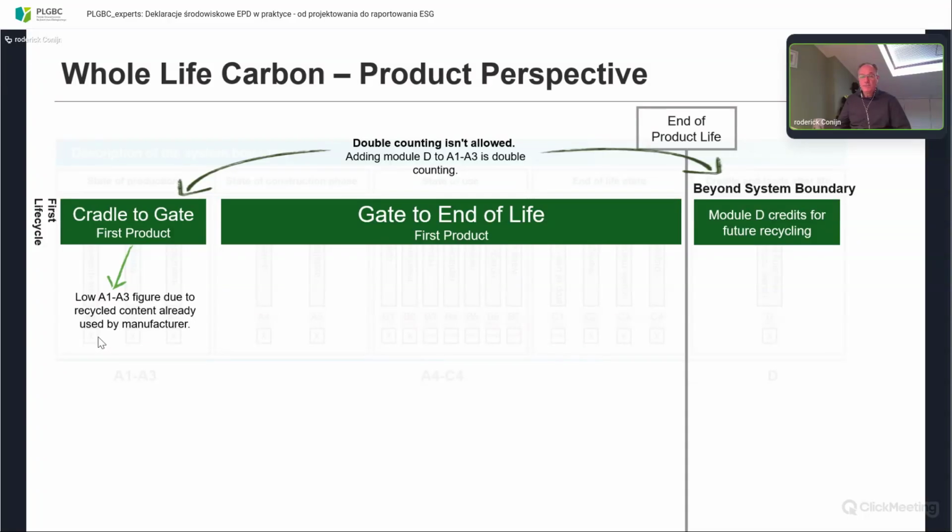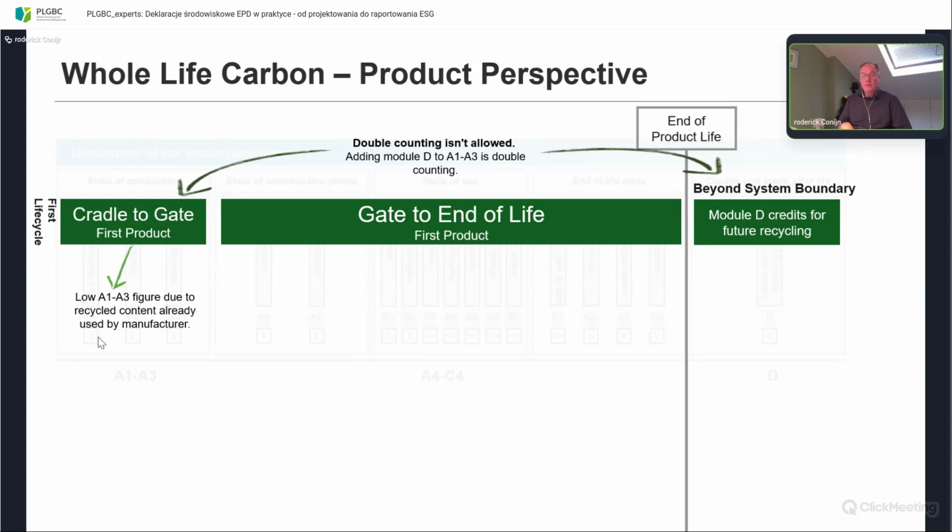Because if you're using the D module for showing your carbon footprint as an end-of-life carbon footprint, you are calculating the numbers double, because normally if you would use the D module, you would need to already have it in place within the A1 to A3 numbers.